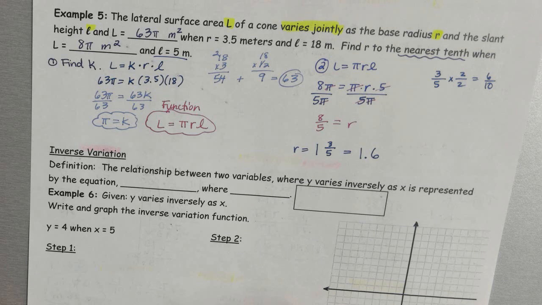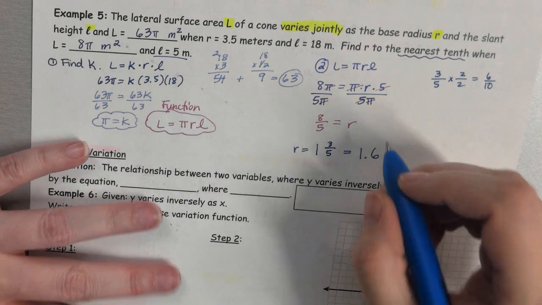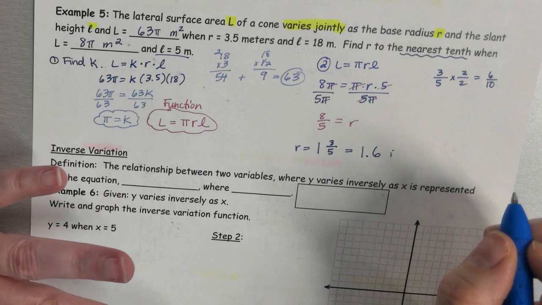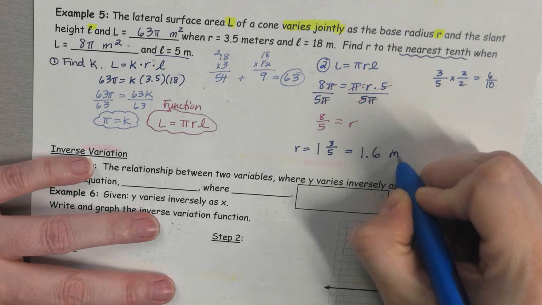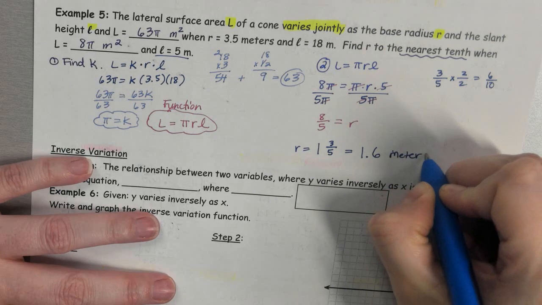I know some of you do know 1/5 is 0.2, just from dividing that. So you could also just times that by 3 to get the 0.6. And then this would be in meters, not inches, right? Meters.